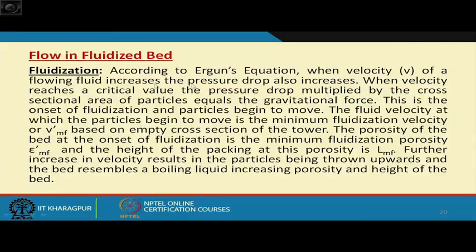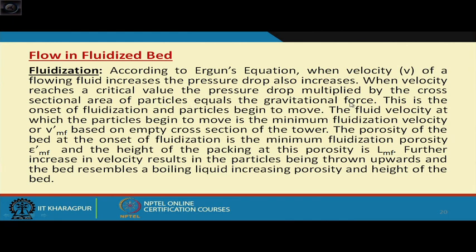So, when the velocity reaches a critical value, the pressure drop multiplied by the cross sectional area equals the gravitational force.